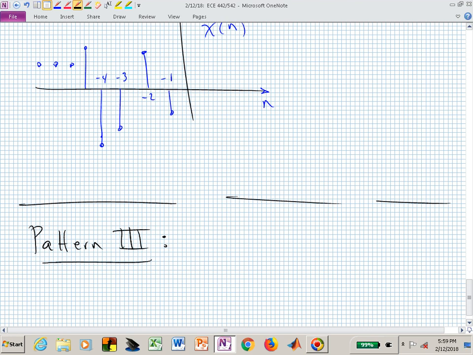Bounded region of convergence means that it's some finite area. Unbounded means it's going off to infinity in the complex z-plane. That has not yet been connected with the time domain sequence's behavior.